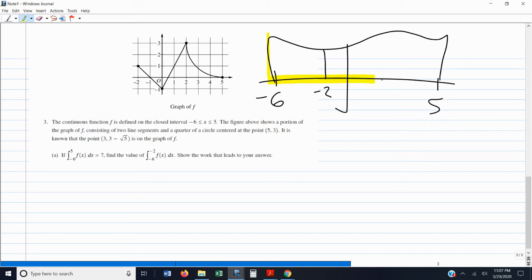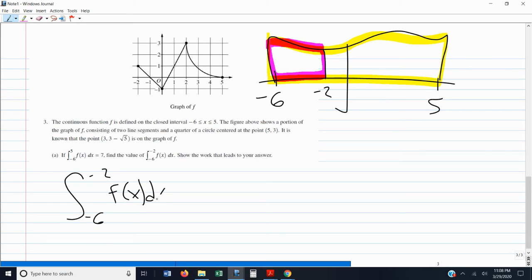So they gave you this area that is in yellow, and they're asking you to find this area from -6 to -2. So we're going to write a statement on how to get the area from -6 to -2. This would be a good time to pause and see if you can come up with how you would get the area from -6 to -2 if you were starting with the area that was given from -6 to 5.